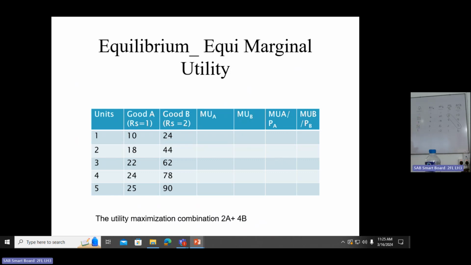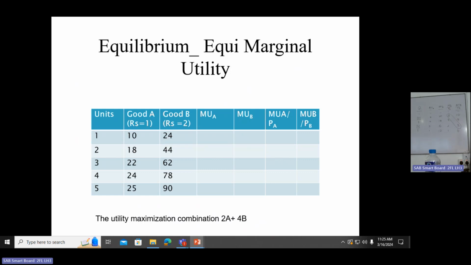How do you check whether it's feasible? You have to go to the second condition, because you need to allocate your total income among the two products. If there is a balance left as savings, that is not the equilibrium, because you have not allocated your total income and don't get the maximum satisfaction.